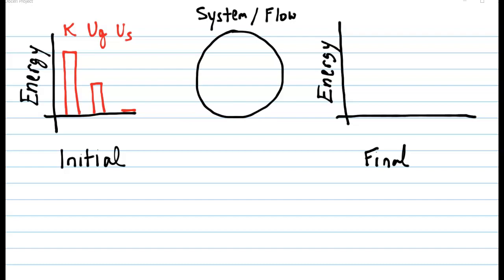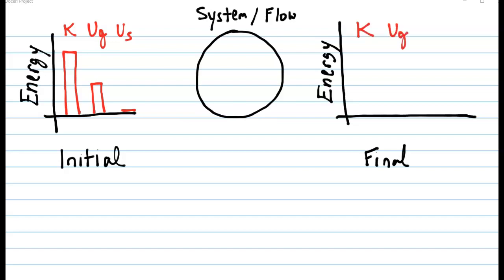They don't always have to be one individual square per 1 joule, they just have to be proportional to each other.